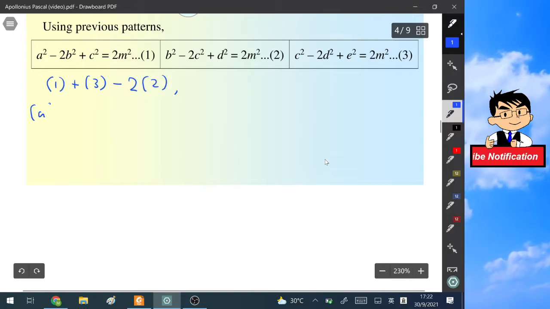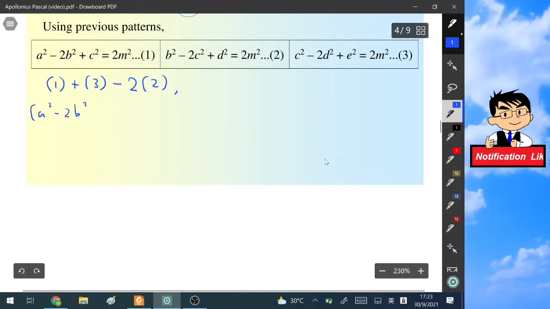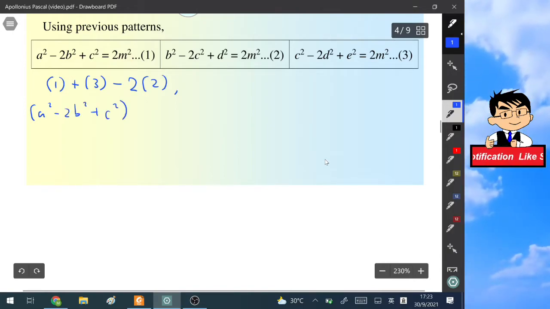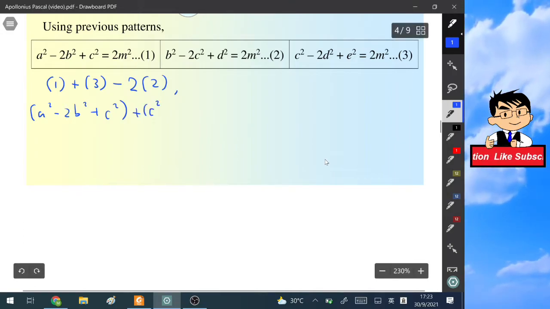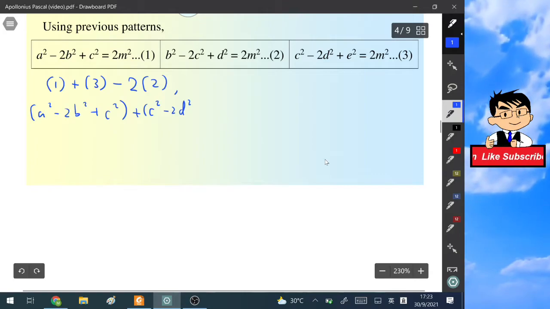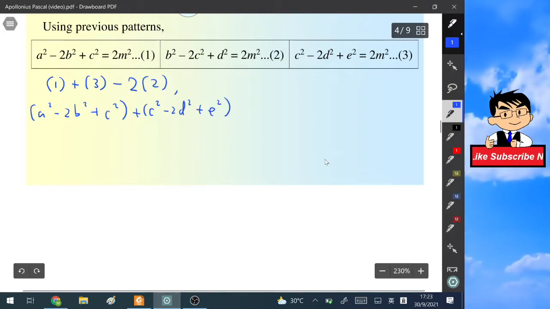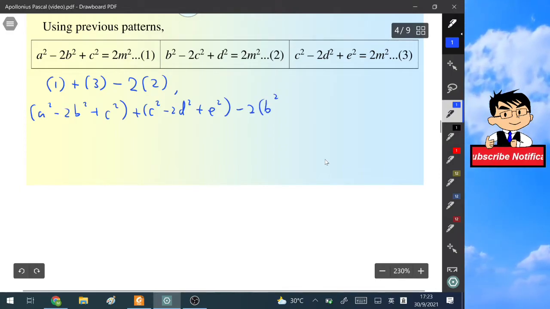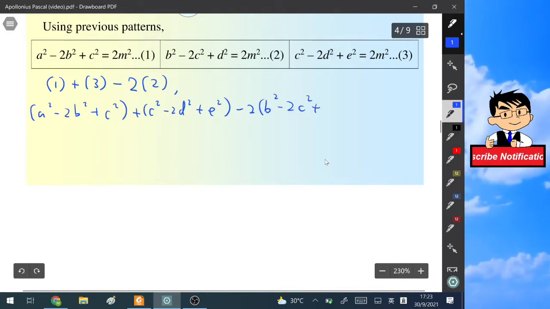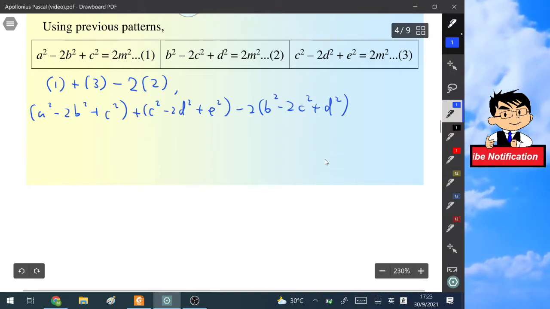And we have a squared minus 2b squared plus c squared, which is the first equation, plus the last equation, c squared minus 2d squared plus e squared, minus 2 times the left hand side, b squared minus 2c squared plus d squared, like this.